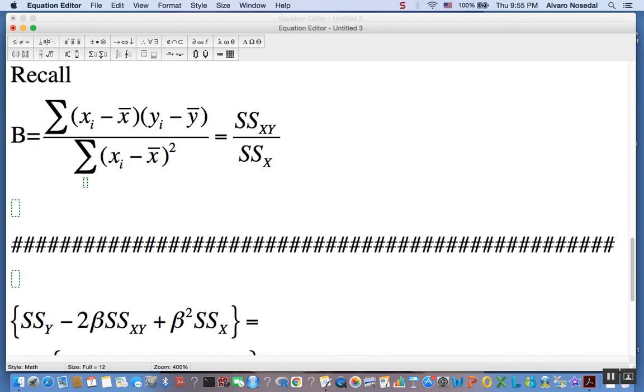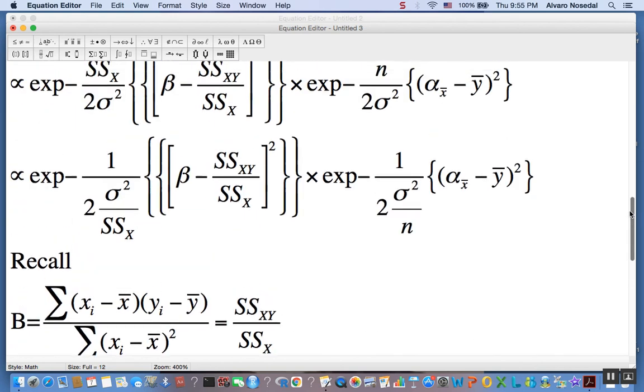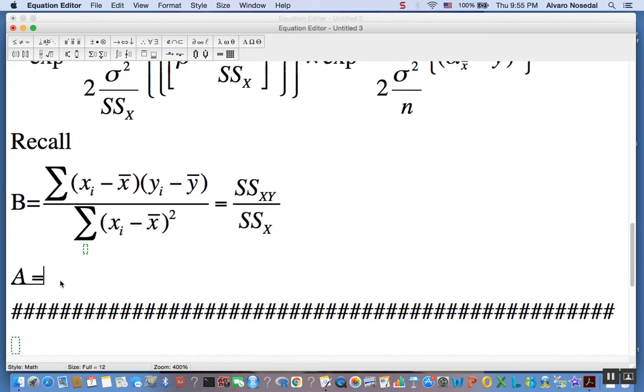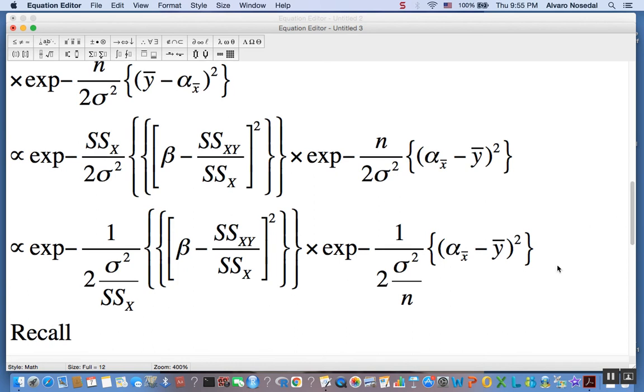And also remember that the estimator that we had when we used the alternative form of the least squares regression was just y bar. Make sense? Okay.